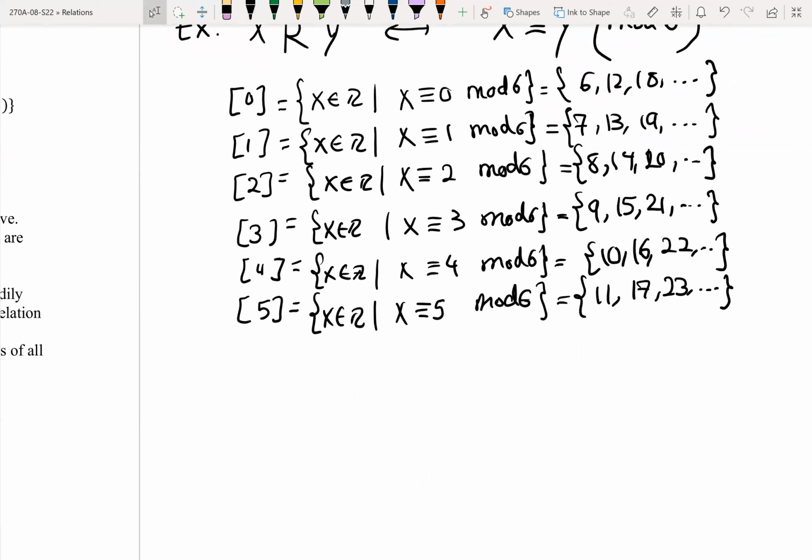Is 1 not included in the second row? Yes, it is, because it is integers. So I have to add 1 element on this side, okay?